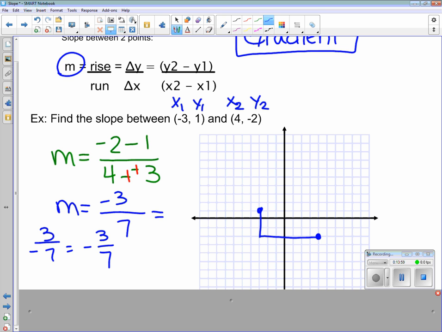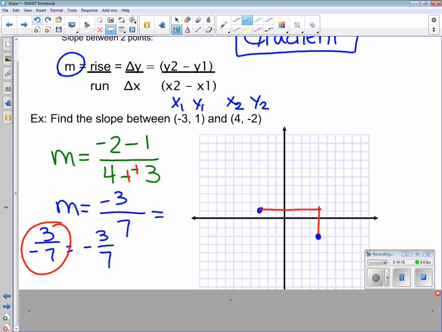Down 3, right 7. What if I started with the other point? I would go up 3, left 7. So that's why the negative can go on the top or the bottom.